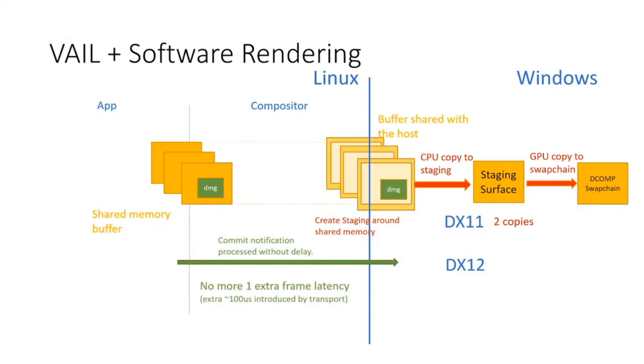Now we have a staging surface directly on the buffer that we've received, and in a single copy, we can get this into the decomp swap chain. For software rendering, that's really the best we can do, because the software renderer had to render to system memory. And on the Windows side, once you bring things onto the GPU, you have to do at least 1 copy to get the data onto the GPU memory to be used.